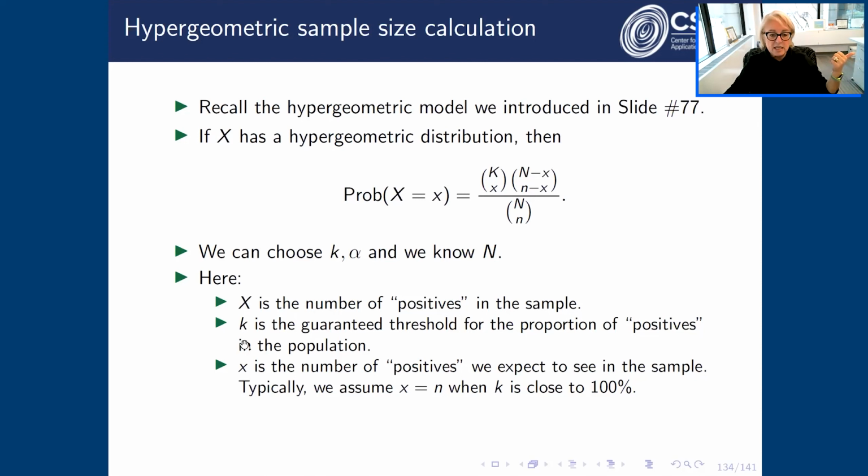So that's my K. And then X here is going to be the number of positives I expect to see in the sample of size little n. If K is close to 100%, then I would expect to see almost 100% of my sample items be positive also, right? So oftentimes what we assume is that when K is very large, I expect to see the same proportion of positives in my sample as there is in the population.